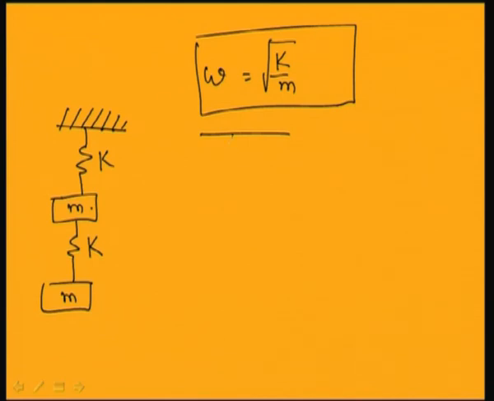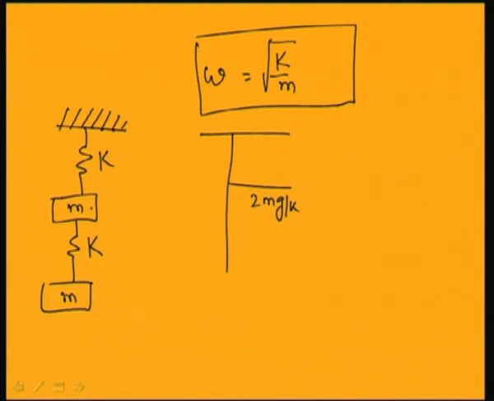So, let me take this as the line. The displacement will be 2 mg by k in this case, and this spring is subjected to a weight of mg. So, this will have a displacement of mg by k, and already you have a displacement of 2 mg by k.